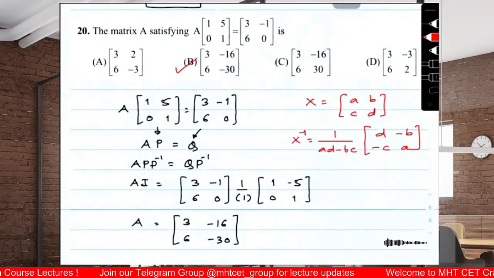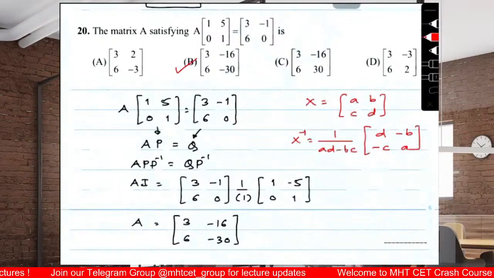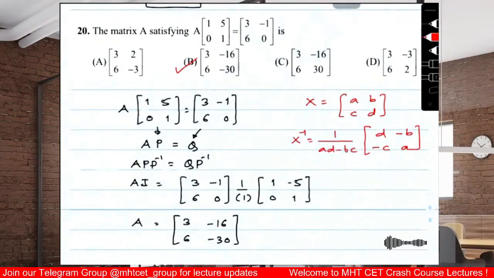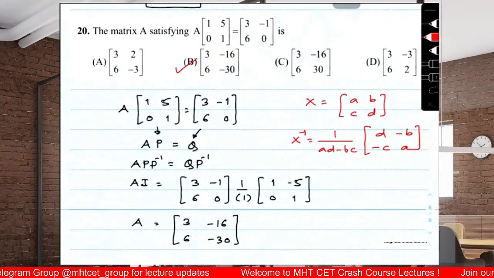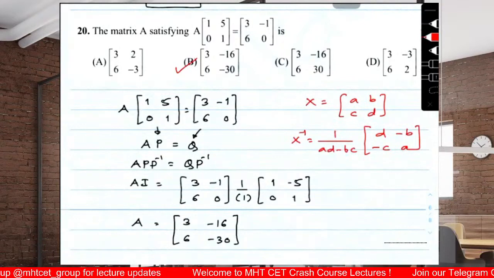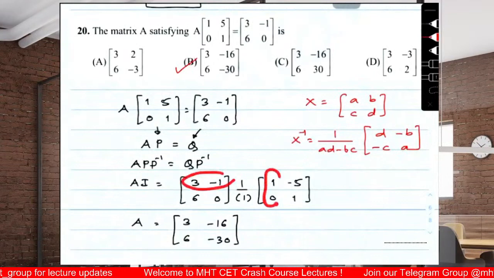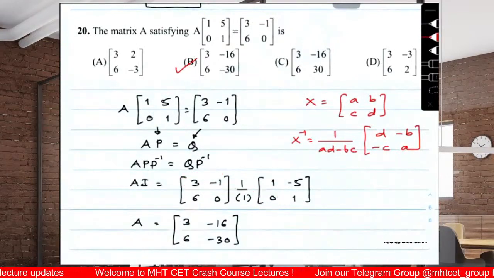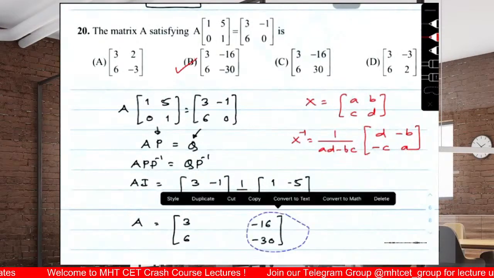क्या लिखा है अथर्व? लास्ट स्टेप लिखना चाहता है क्या तू? वंस अगेन, बाप रे. मल्टीप्लाई किया है इसको. 3 into 1 is 3, minus 1 into 0 is 0. लिखता हूँ तेरे लिए.